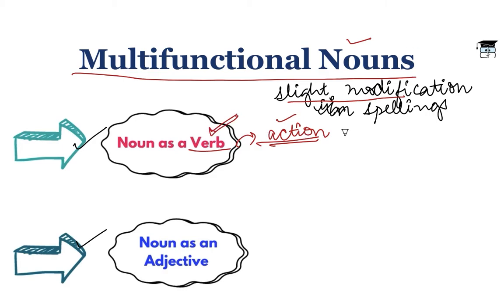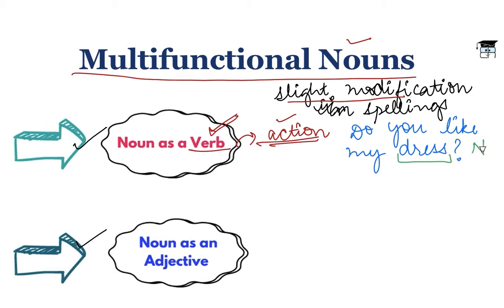Let me explain this with the help of an example. Look at these sentences. Do you like my dress? Now in this sentence, if you look carefully, the word dress is a noun. Whereas if I write another sentence, I am dressed and ready to go.